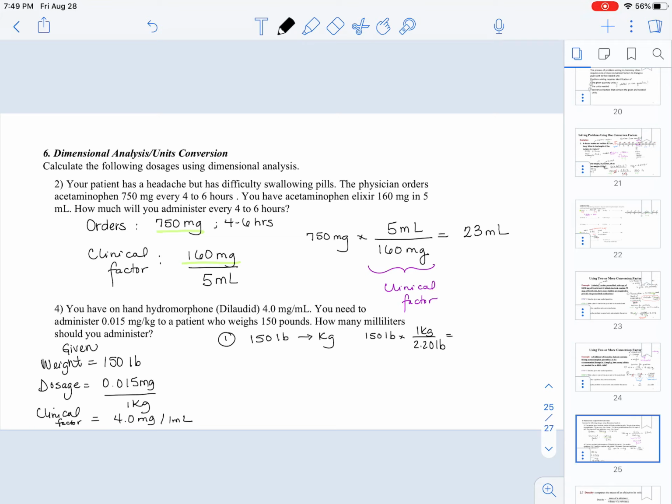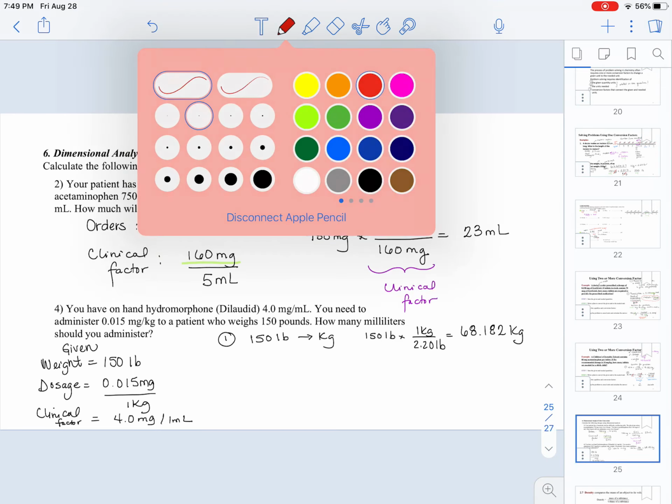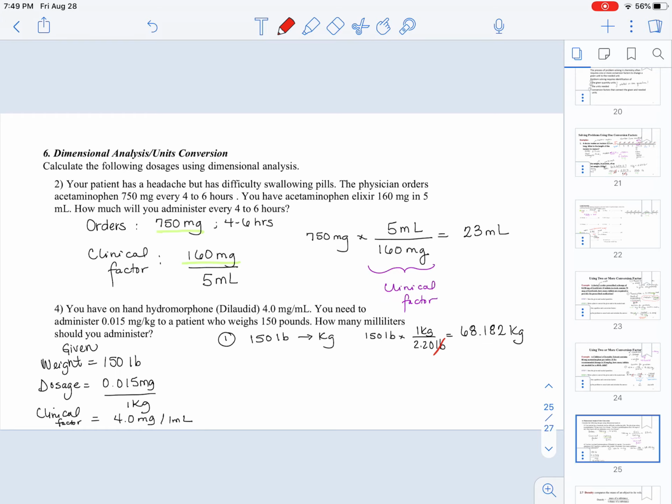So when I take 150 and divide it by 2.20, then again, round it to 3 decimal places, I find 68.182 kilograms. The pounds cancel.